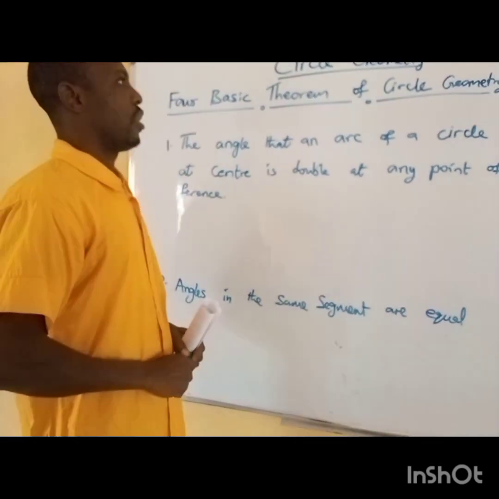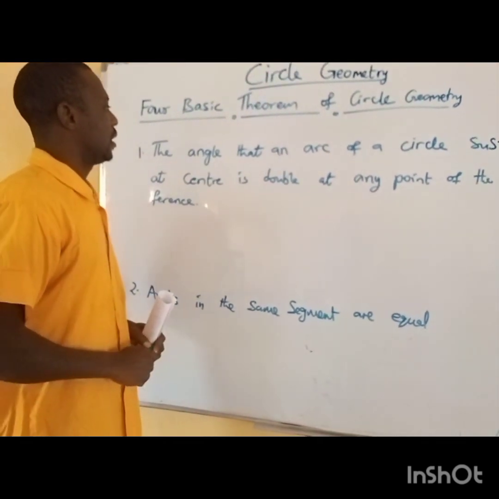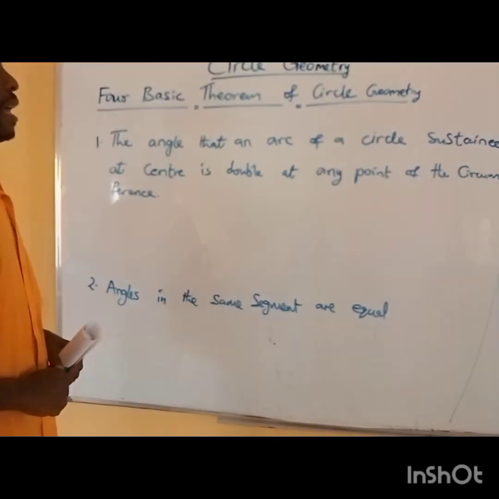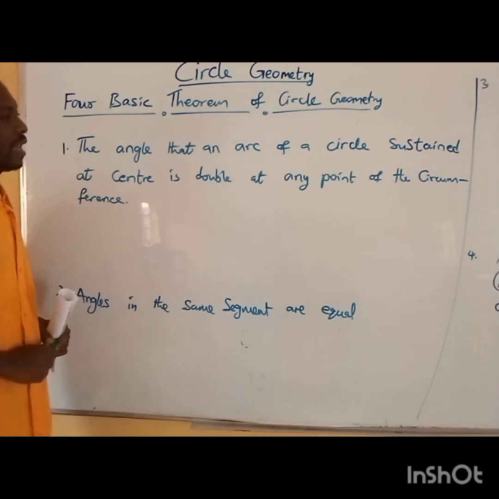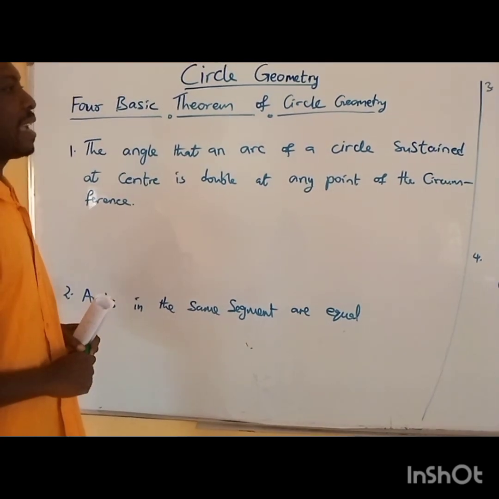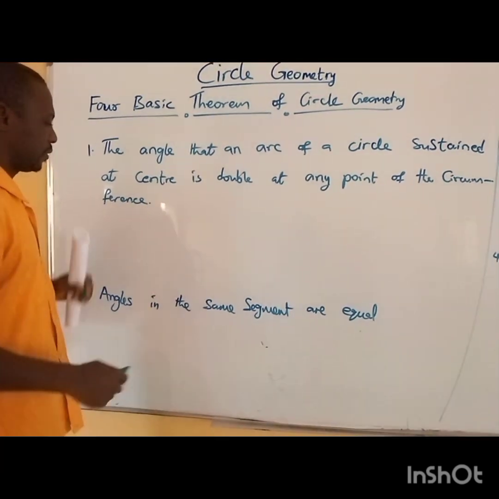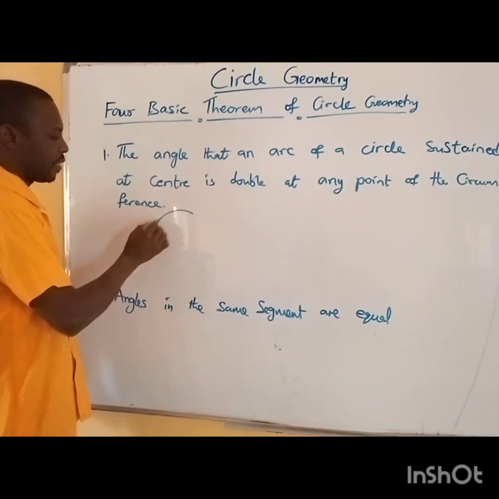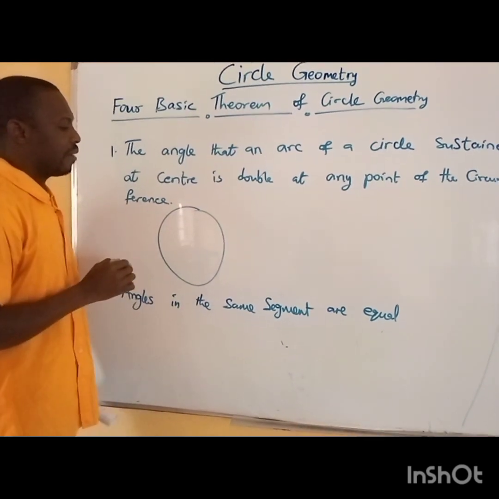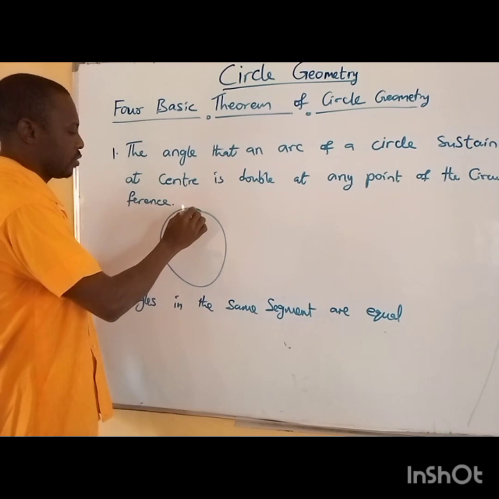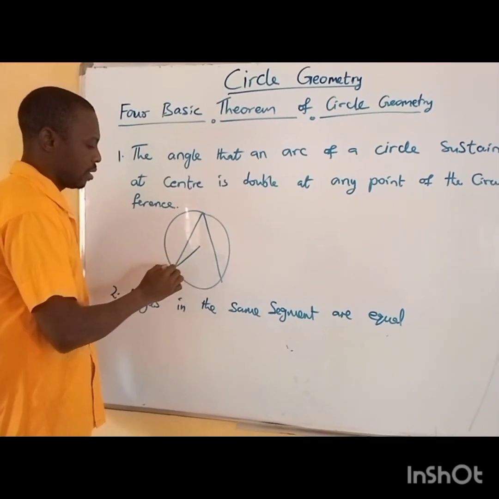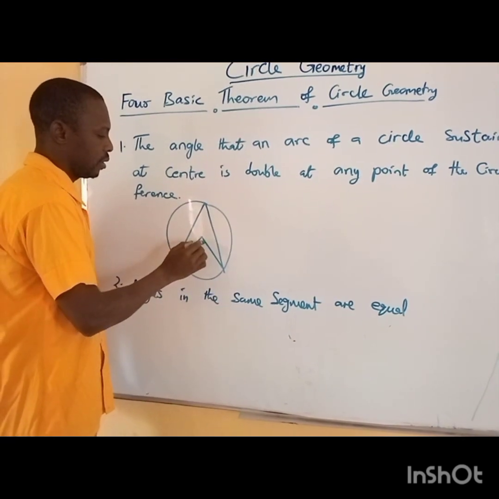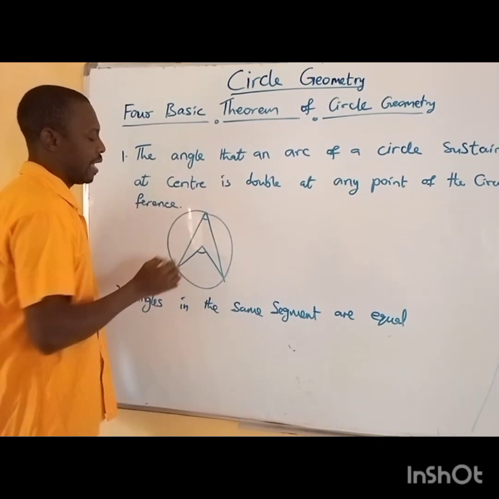Now, the first theorem of circle geometry states that the angle that an arc of a circle sustains at the center is double that at any point of the circumference. This means that we have a circle this way, and you have an angle in the middle and at the circumference.